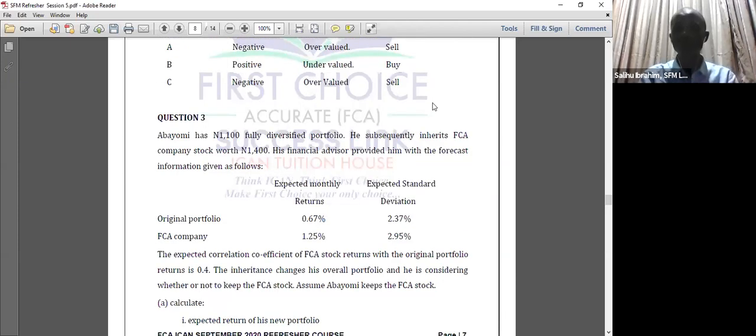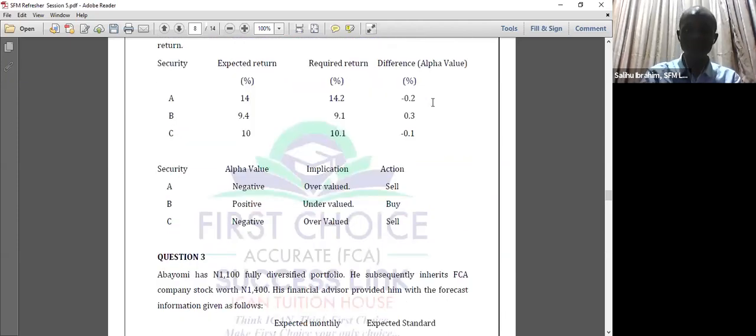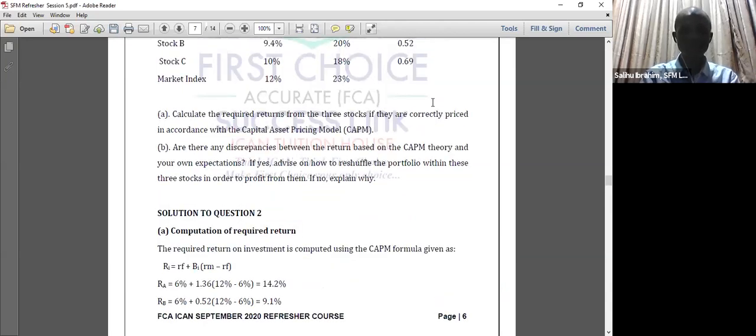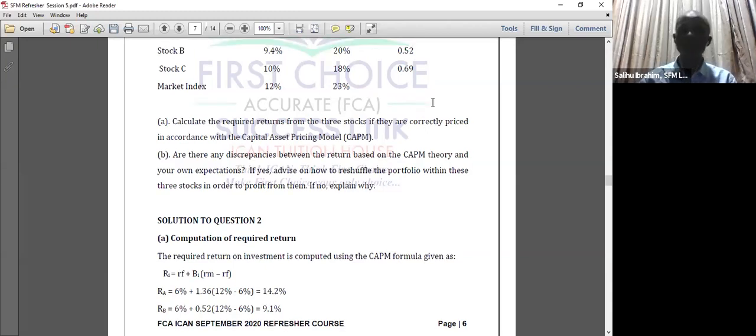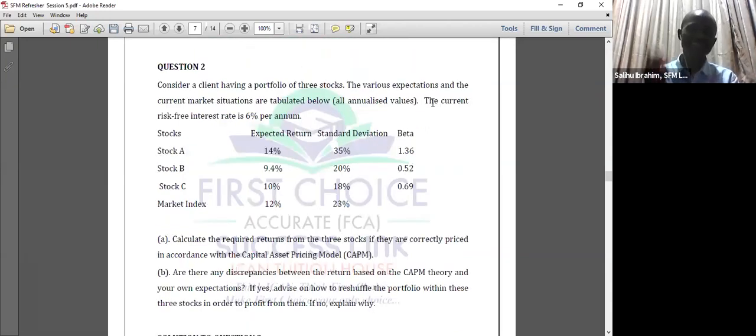Now, if you want to measure the expected return of a portfolio, you get the proportion of your investment that you have invested in each of the stocks, then multiply by the required return on each of those stocks. Then we aggregate the result, and what we get is the expected return on that portfolio.